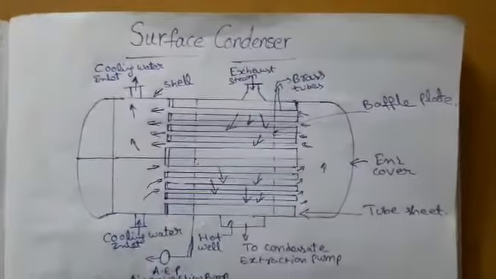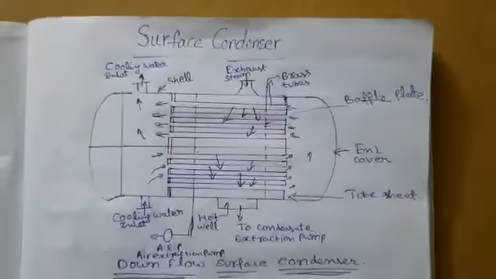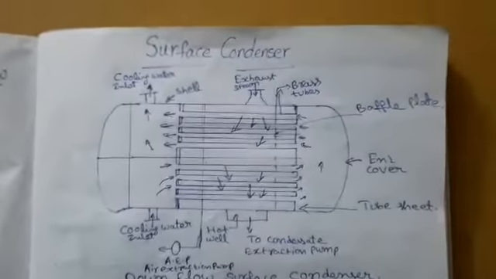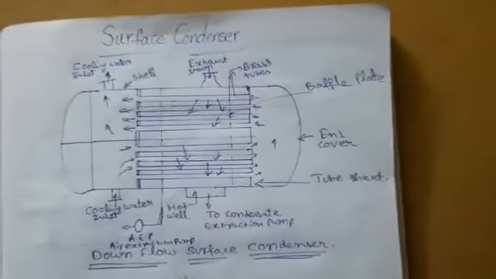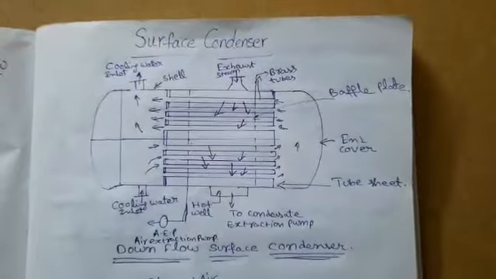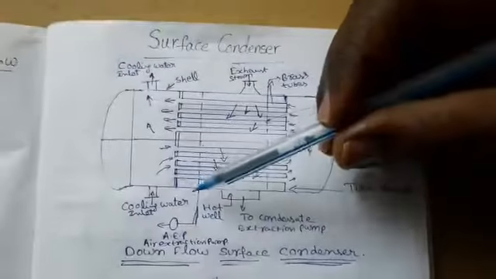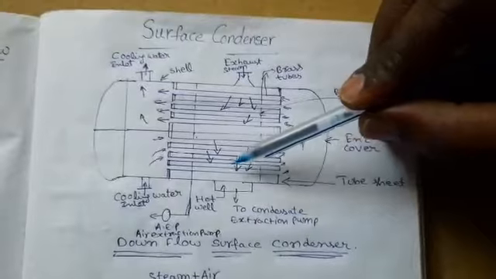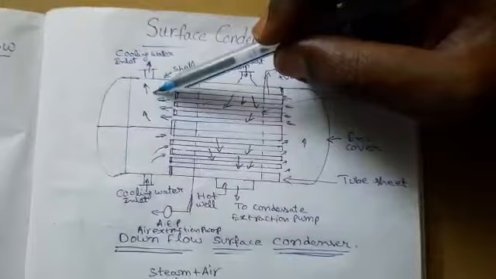In surface condensers, the exhaust steam and water do not come into direct contact. The steam passes over the outer surface of tubes through which a supply of cooling water is maintained. The first type is the downflow type surface condenser. Here the cooling water enters the shell at the lower half section and, after traveling through the upper half section, comes out through the outlet.